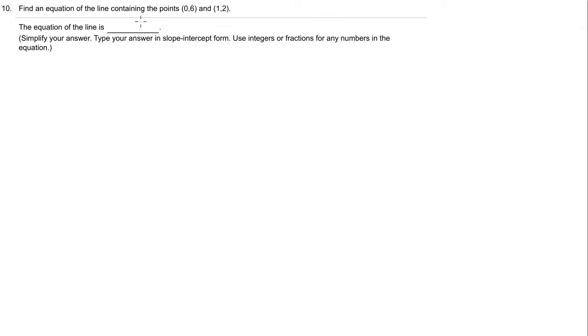Find an equation of the line containing the points 0, 6, and 1, 2. I'm going to start with the slope. 2 minus 6 over 1 minus 0. That's negative 4 over 1, or negative 4.